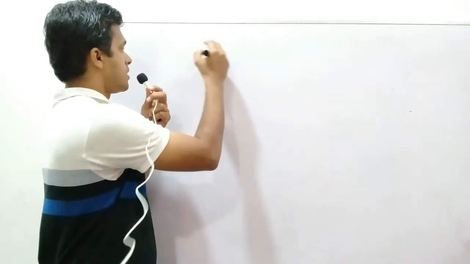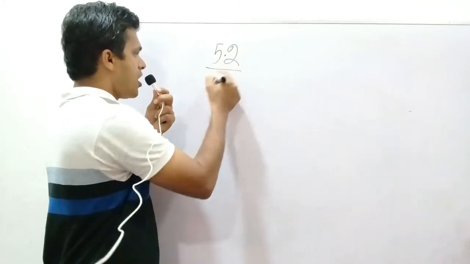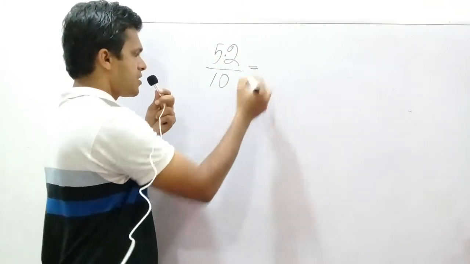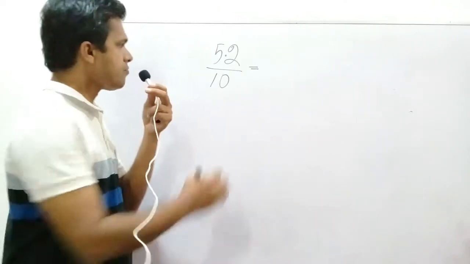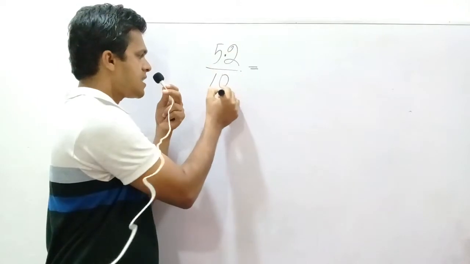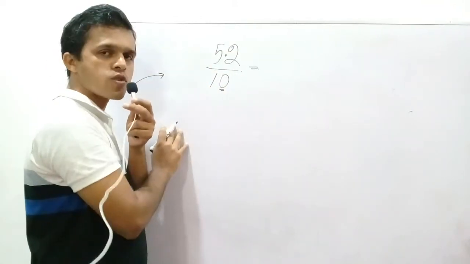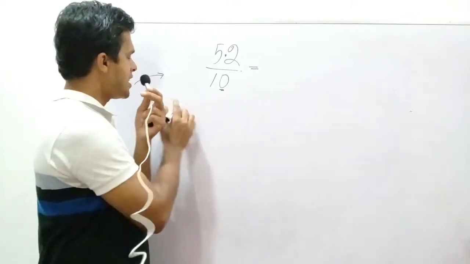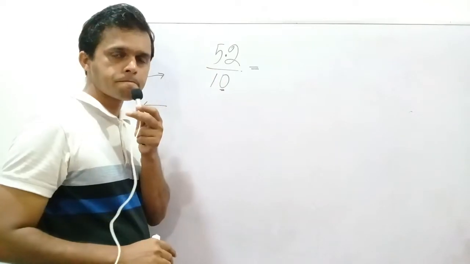Okay. Next segment. Division of decimal numbers using 100, 10, 1000 and so on. Think of this one. 5.2 over 10. Now, here is the decimal point. When it is multiplied, the decimal point goes to the right side. When it is divided, the decimal point goes to the left side.